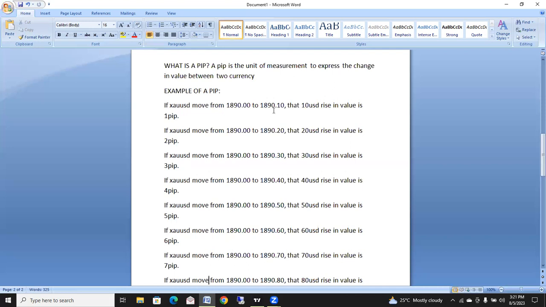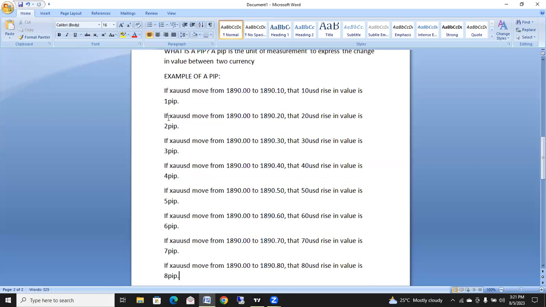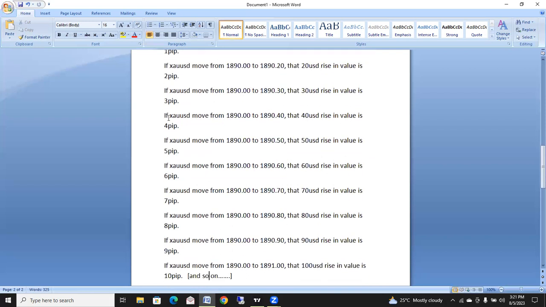The example of a pip is that if gold moves from 1890.00 to 1890.10, that 10 USD rise in value is 1 pip. And if gold moves from 1890.00 to 1890.20, that 20 USD rise in value is 2 pips.